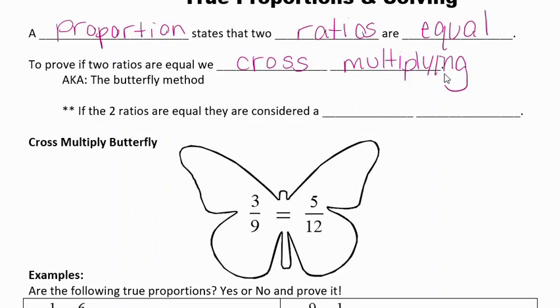And I know you guys touched a little bit on the butterfly method, I think in elementary school, at least at some schools you did, and that was how you compared fractions to each other. This is the only time that we are going to use the butterfly method in middle school. So if the two ratios are equal, they are considered a true proportion. And we'll talk about what that looks like.